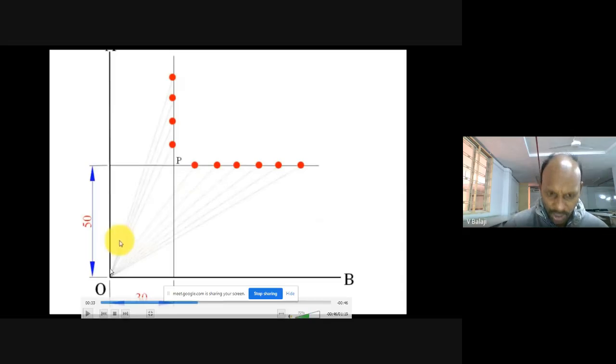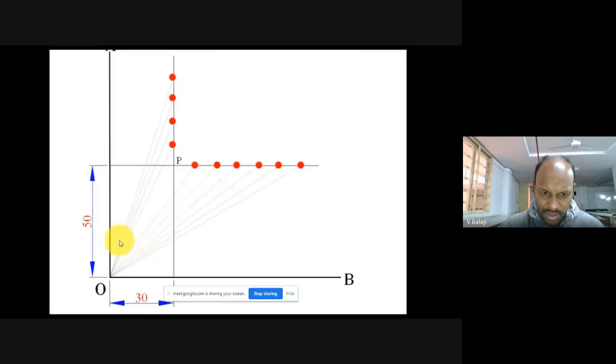Now, for example, after point capital P on the horizontal line, concentrate on the first red dot. One horizontal line is passing through it, right? We have drawn one line below P as well, right?